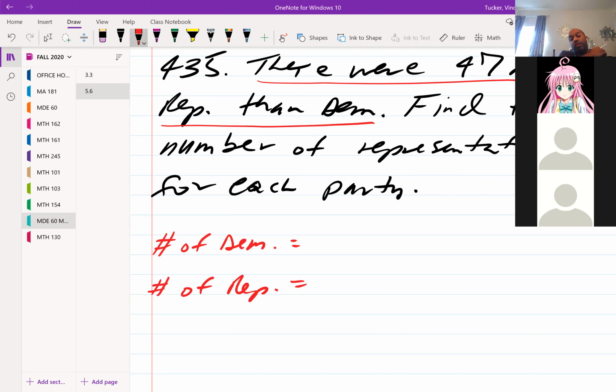So it means one of them is going to be X for us. There will be our Democrats. And then if there are 47 more Republicans than Democrats, we let our Democrats be X and let our Republicans be X plus 47.